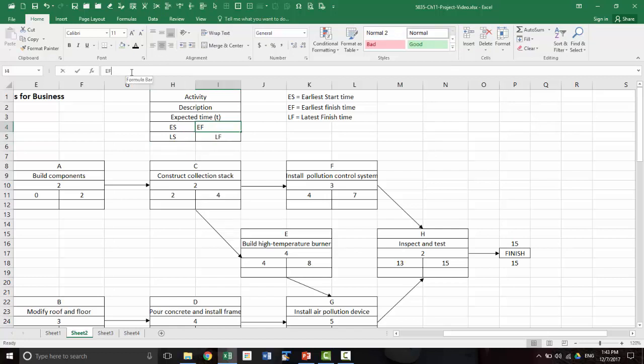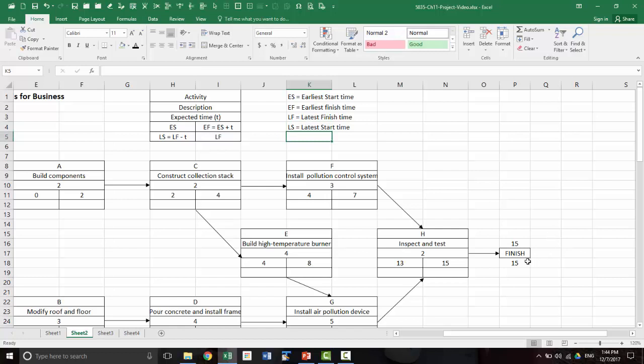In the forward pass it was ES plus T. Here, LS is LF minus T, where LS is the latest start time.